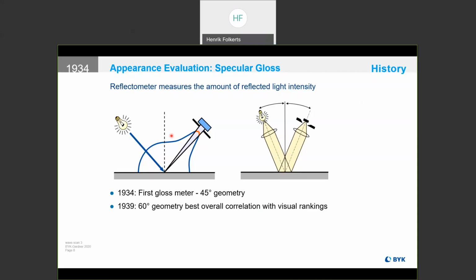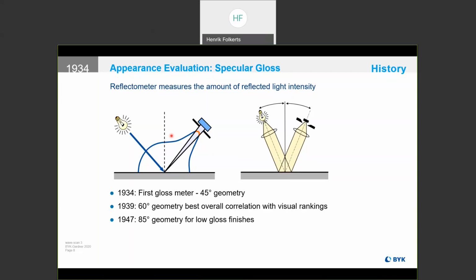took place. And in 1939, a so-called 60 degree geometry was introduced, which had a very good overall correlation with the visual rankings. But even at that time, people recognized that there are borders on the very high gloss and very low gloss range. And so in 1947, an additional geometry was introduced, 85-degree, optimized for measurement of low gloss finishes, very matte surfaces.